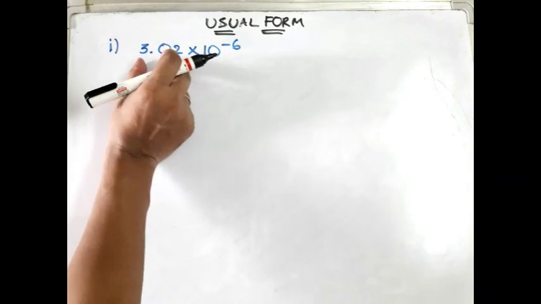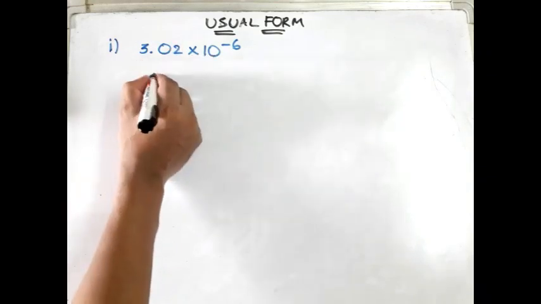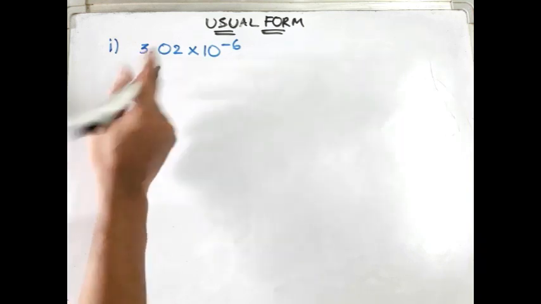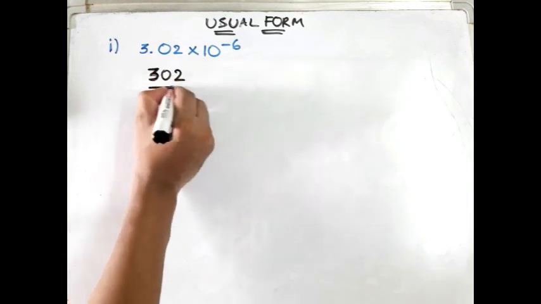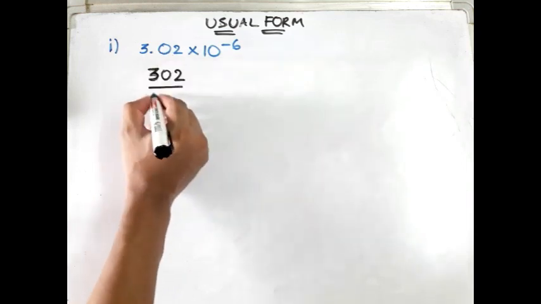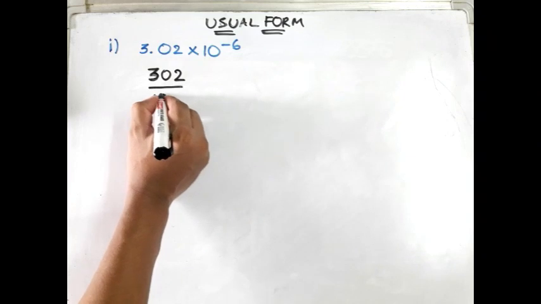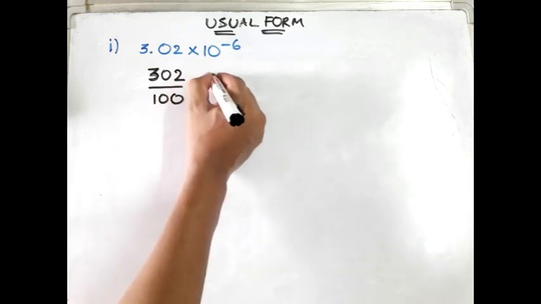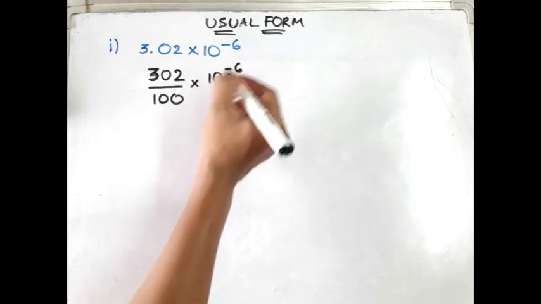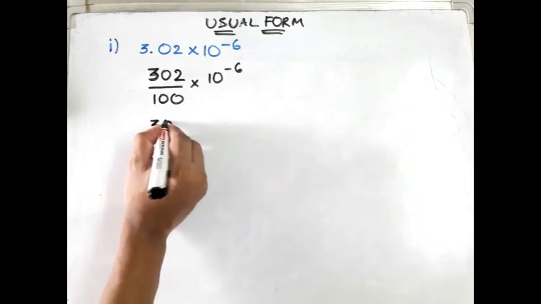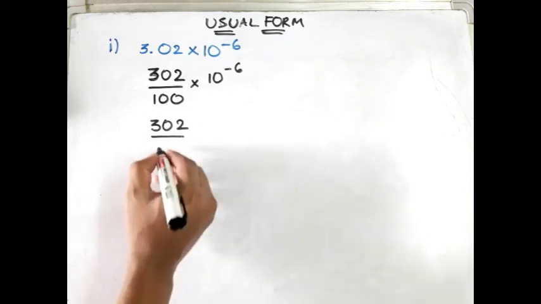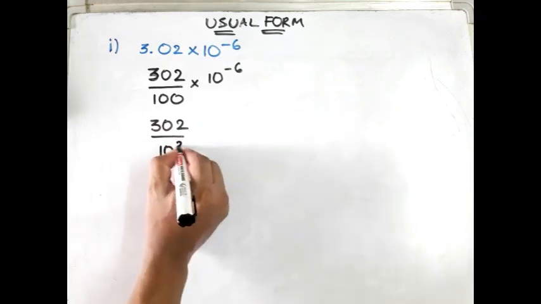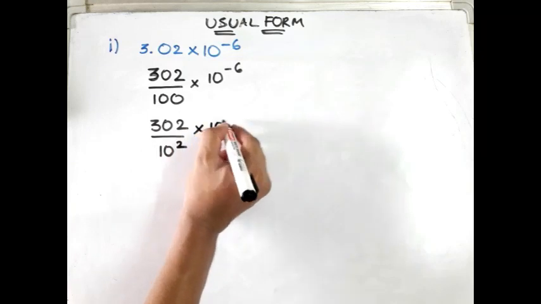So 3.02 we can write as 302 by, after the decimal how many zeros are there? 2 zeros. So 100 into 10 power minus 6. Okay, 302 divided by 100, we can write as 10 power 2.